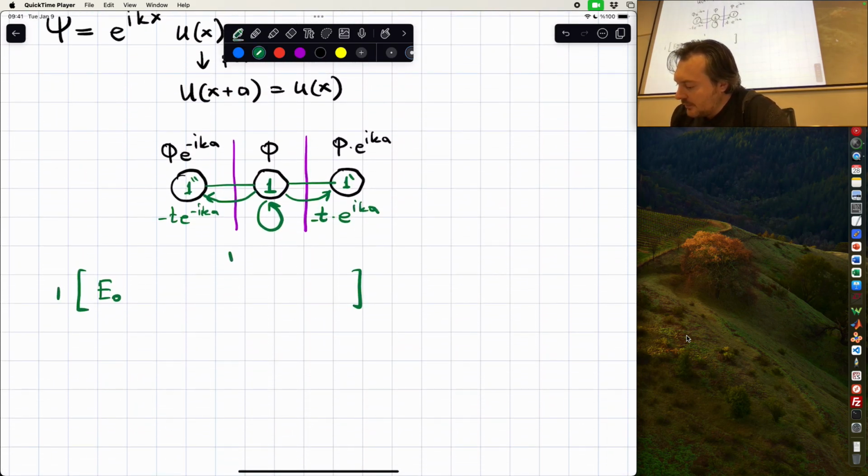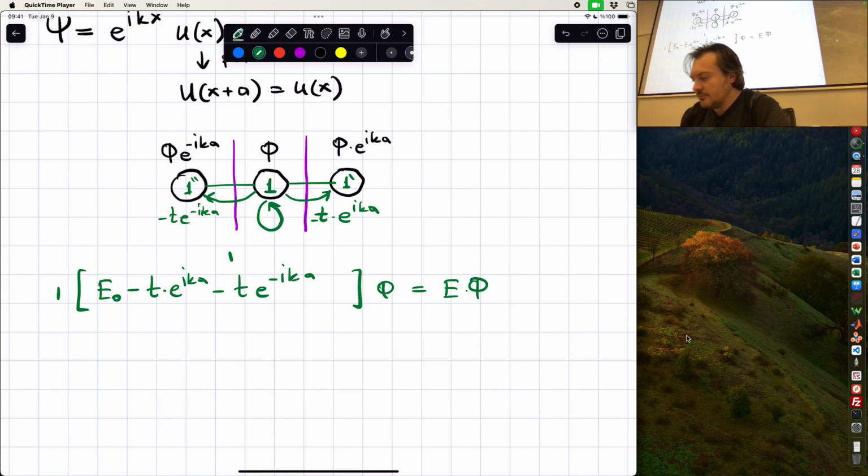As a result, you have minus t times e to the ika, minus t times e to the minus ika, times phi is equal to energy times phi. Energy of the system. You see, the energy of the system becomes k dependent. Also, the solutions become k dependent.